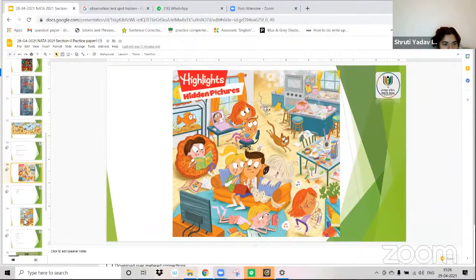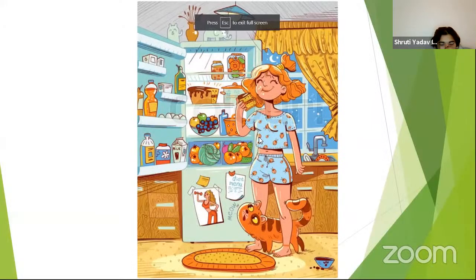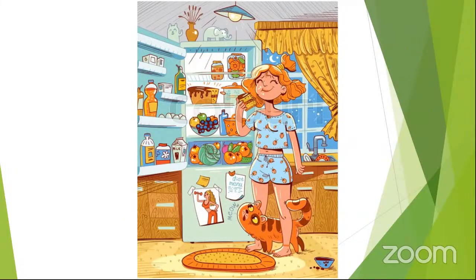Let's go to the next picture. This one. Try to look at things which shouldn't be there.